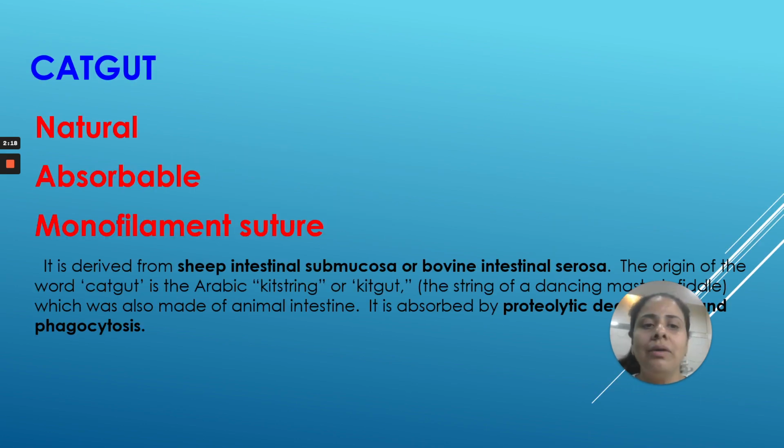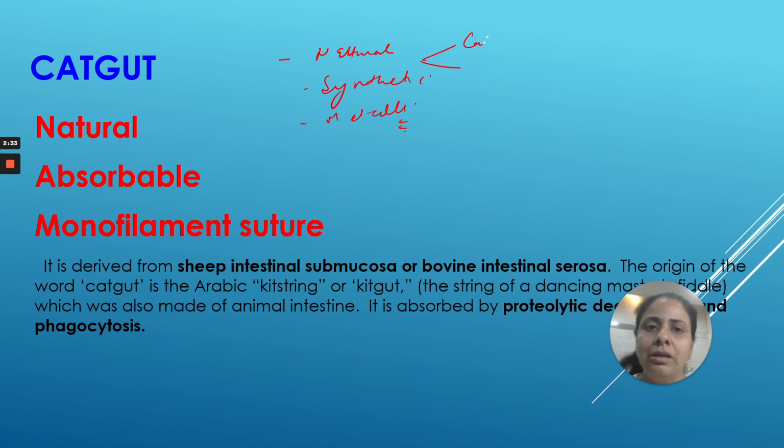First of all, when we discuss the classification, it is natural, synthetic, and metallic. In the natural category, we are talking about the catgut suture. Obviously, if it is natural, it is absorbable.